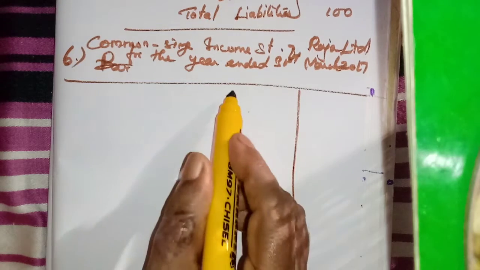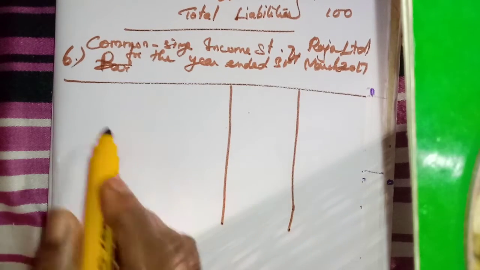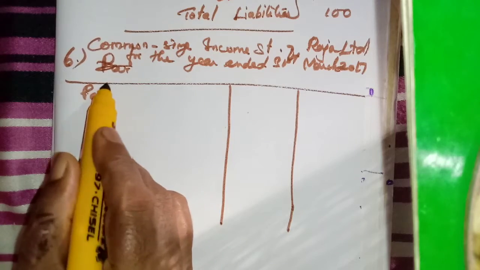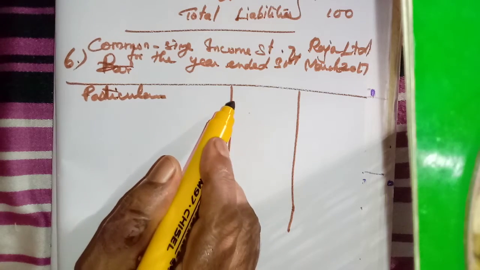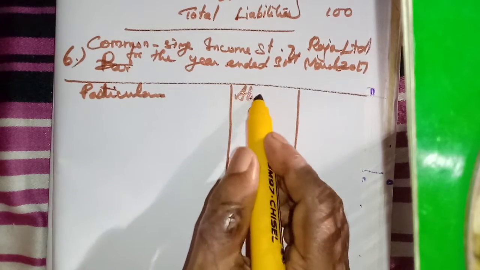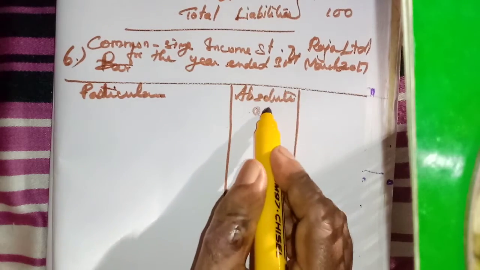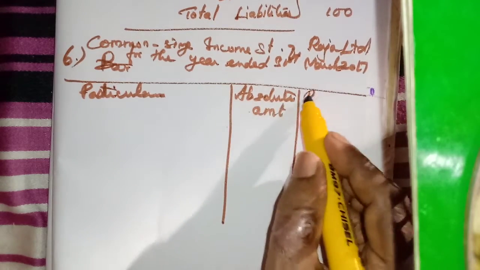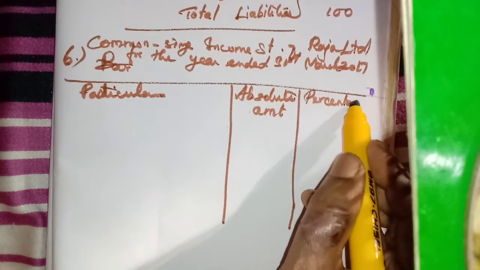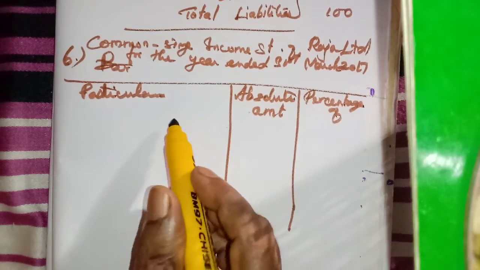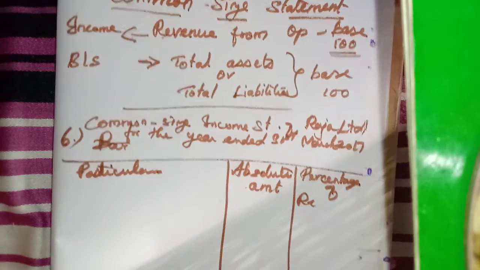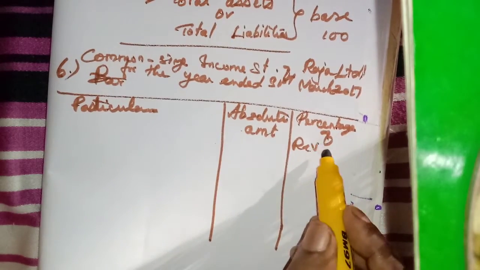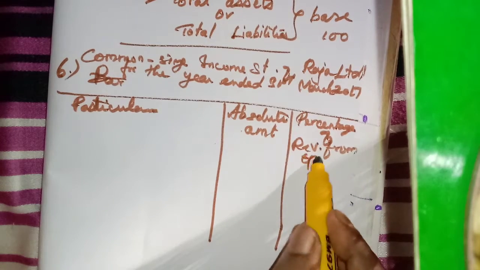Here 1, here 2. Here particulars. Then we should write the absolute amount, what is given there. Absolute amount. Then we should write percentage of revenue from operation. Here you may not forget, it is a common size statement. You have to think about the revenue from operation. So percentage of revenue from operation.